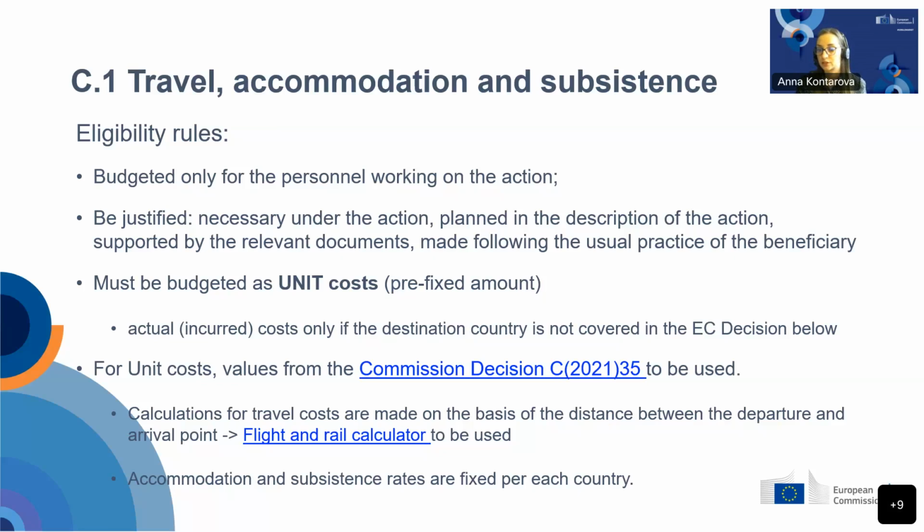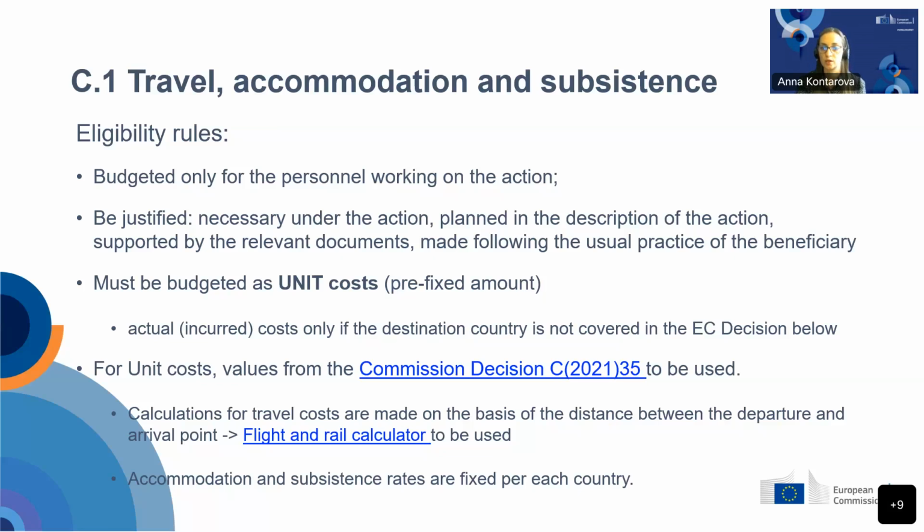Then for the accommodation and subsistence rates, these are fixed per each country. As regards accommodation, we are speaking about 1 unit, 1 night. Subsistence is for a 24-hour period. And for the travel, I forgot to mention that here we speak about units, and 1 unit is 1 journey.